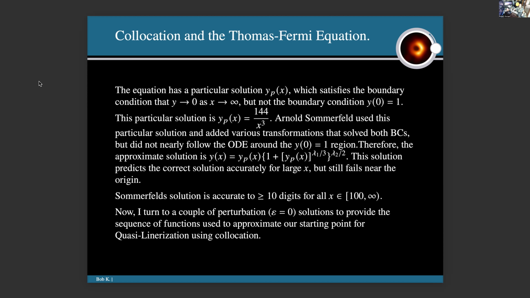Unfortunately, although that works quite well for x goes to infinity, it doesn't come anywhere close for x equals 0, because obviously it goes to infinity. So he mucked around with that particular solution and came up with this solution. You take the particular solution and you have 1 plus that particular solution to one value of lambda divided by 3, and the whole thing to the power of the second lambda divided by 2.